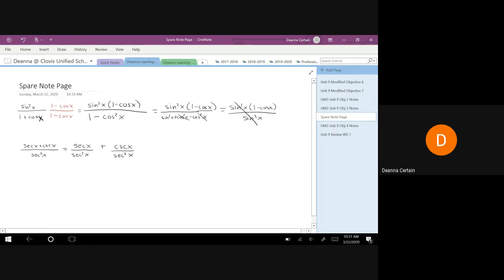Okay, what this would allow you to potentially do is maybe simplify the secant x's in that first term. And then maybe you rewrite with reciprocals if that was necessary. 1 over secant is the same thing as cosine. And then 1 over secant squared would be cosine squared. Cosecant is the same thing as 1 over sine. And so maybe you take some route like that.